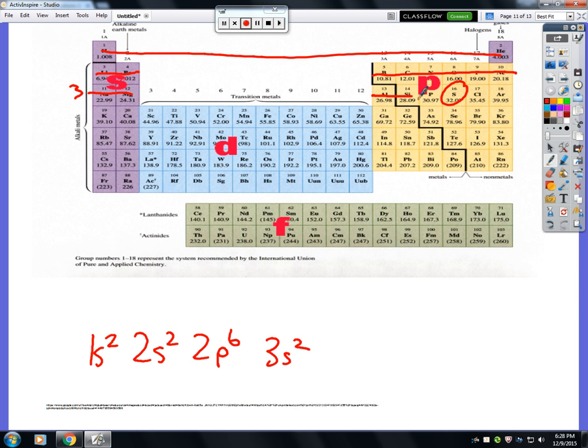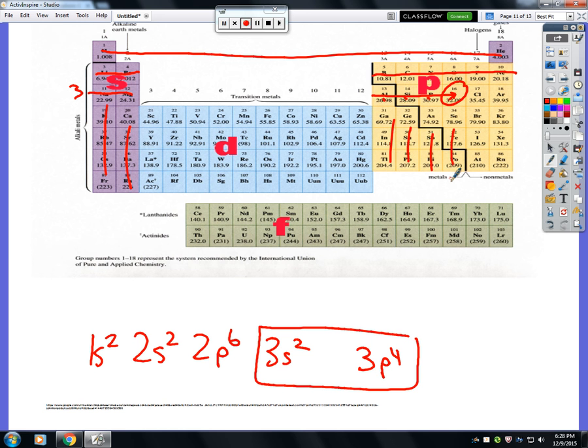Then I need to go down the hall to the p's. I'm going to go down 1, 2, 3, 4. 3p4. Now are my valence electrons. My valence electrons are here, 6 of them. Make sense? 1, 2, 3, 4, 5, 6. Boy, that would love to have 2 more electrons, wouldn't it? And if it did, it would satisfy the octet rule. That's why sulfur and everyone in this column gains 2 electrons, so they can act like a noble gas.